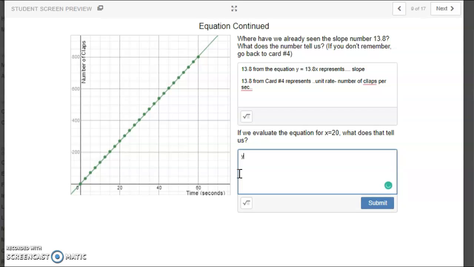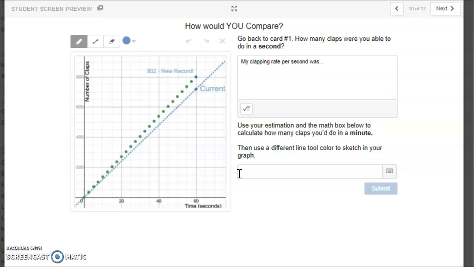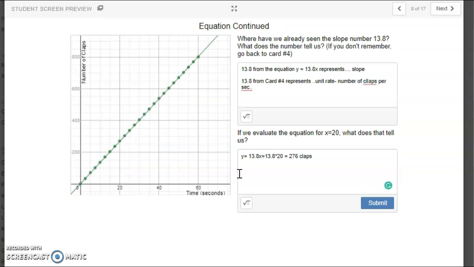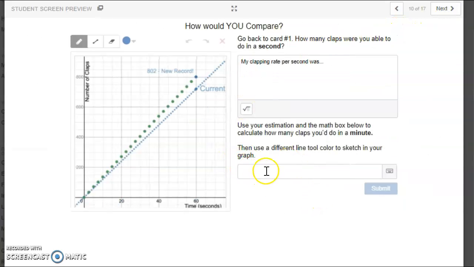So y is equal to 13.8x, and when x is 20, it's going to be 13.8 times 20, which is 276 claps. So that's how many he would have after 20 seconds. Okay, and the next slide is where you filled in your data and calculated your unit rate as well as graphed. Okay, we'll continue in the next lesson recording for the next section.